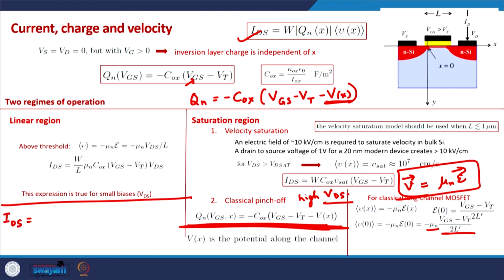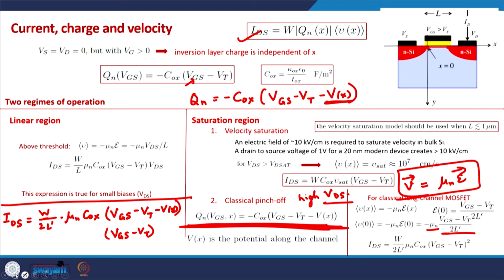IDS is equal to W by 2L prime now times mu n Cox, VGS minus VT, minus Vx, VGS minus VT. Okay.